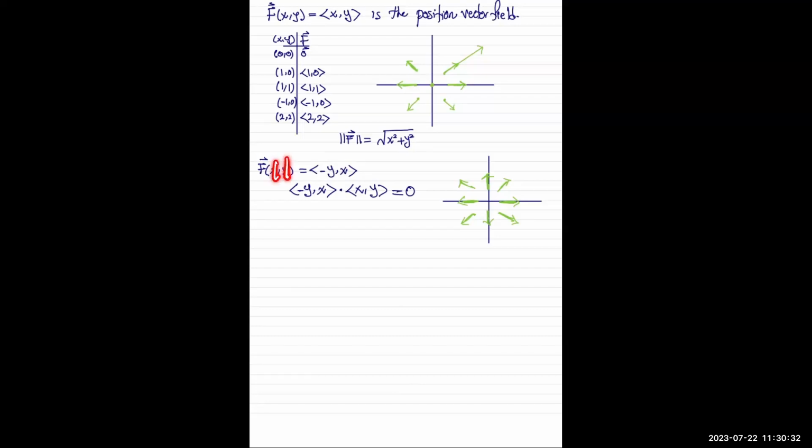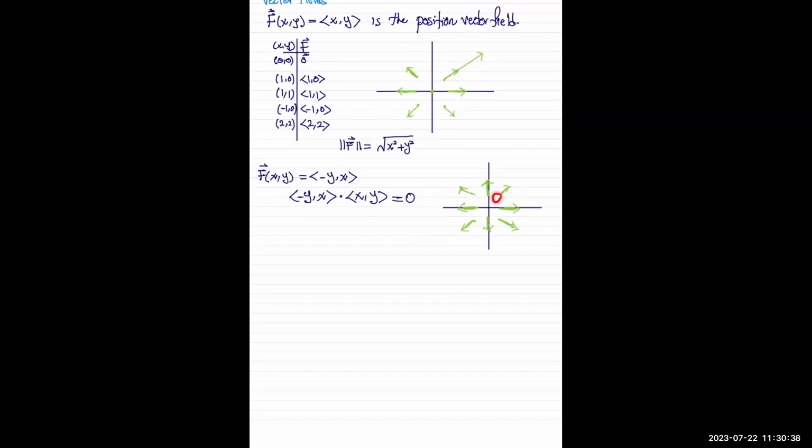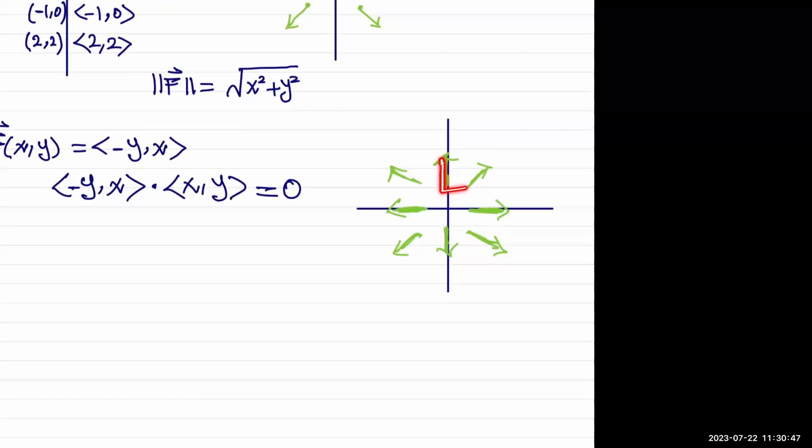At point 1, 1, which is this point, we get the vector negative 1, 1, meaning that you go left by 1 and you go up by 1. So we end up with this vector. Likewise, if you plot the point 2, 1, we get this vector, which is perfectly orthogonal to this vector.